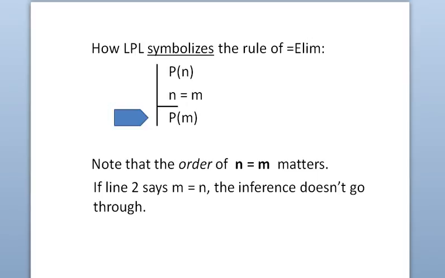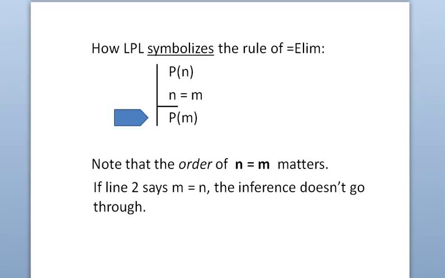Now P might contain one occurrence of the name in question, or it might contain several occurrences of that name. And what this blue arrow authorizes is that you can replace one or more, as many as you like, of the occurrences of the original name in the original sentence with the new name, which is symbolized as m.